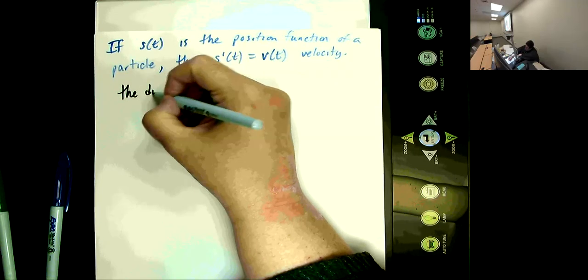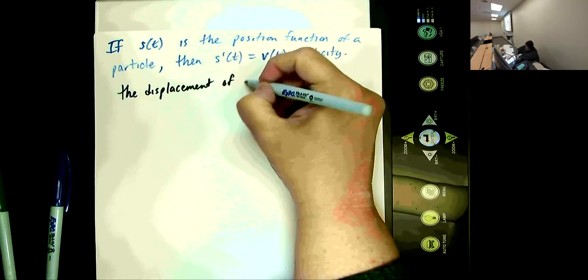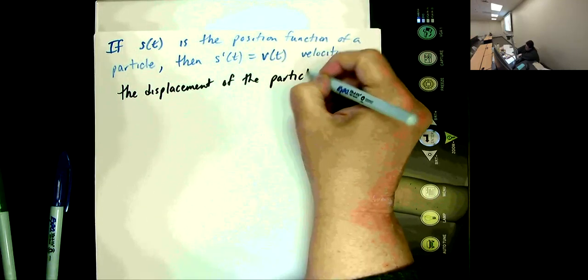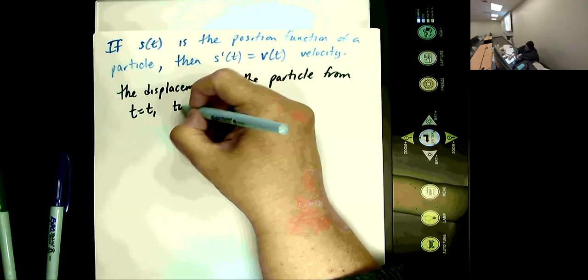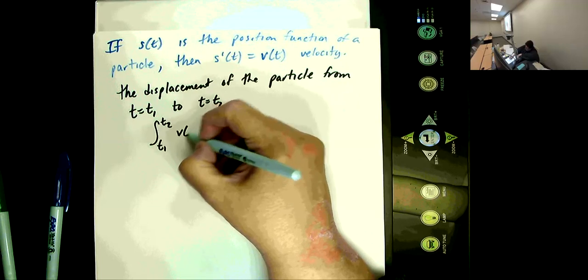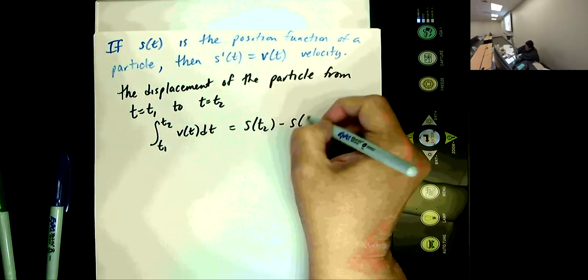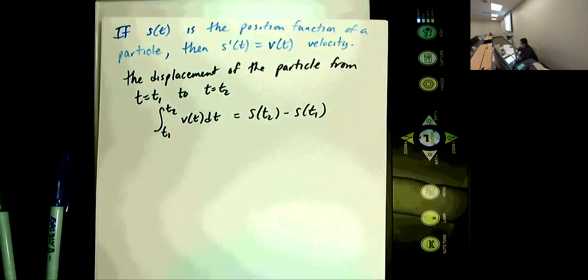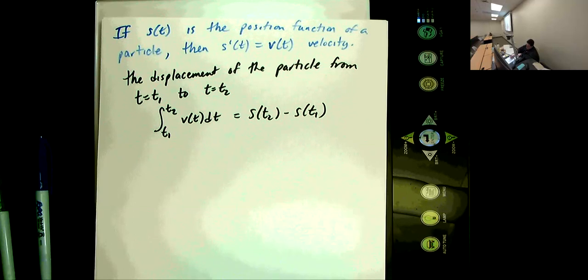The displacement of the particle from t equals t1 to t equals t2. And the reason I use displacement is this is like the net change in position.